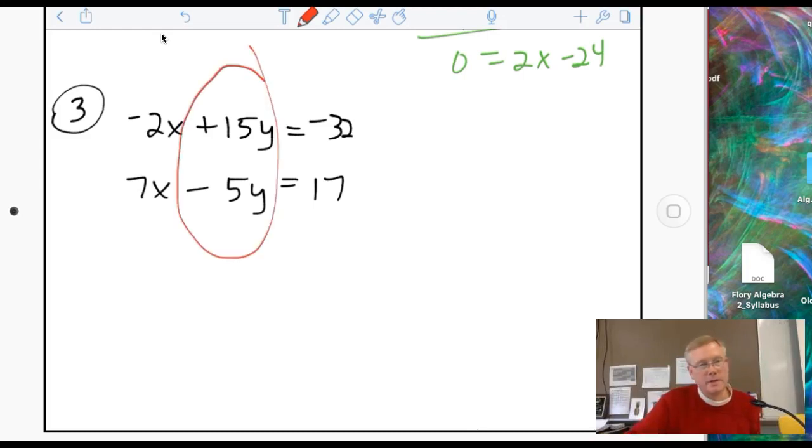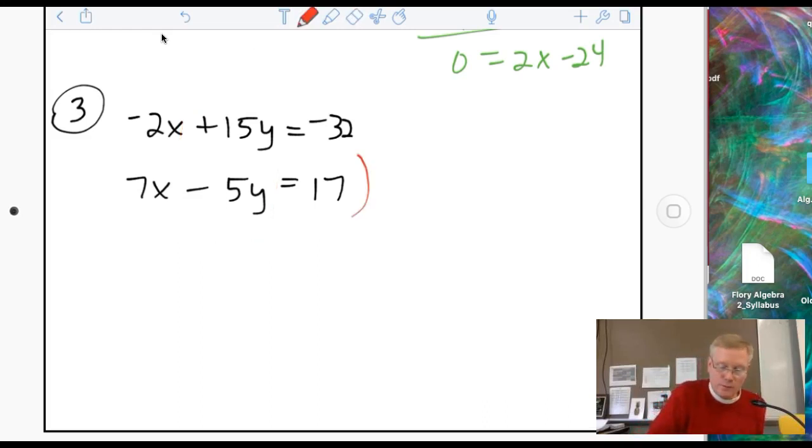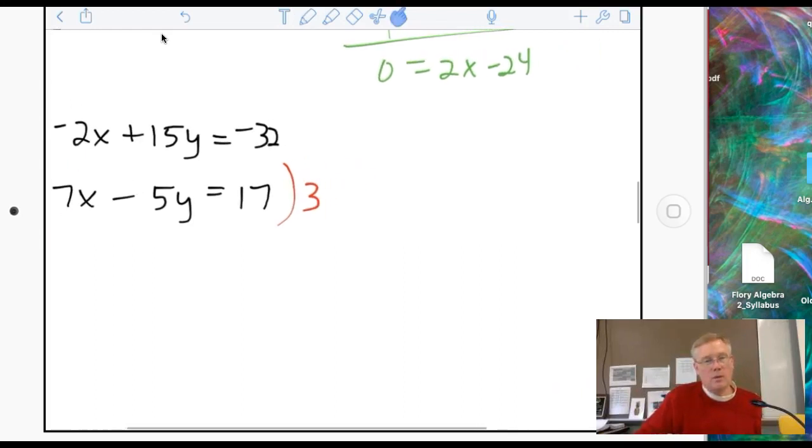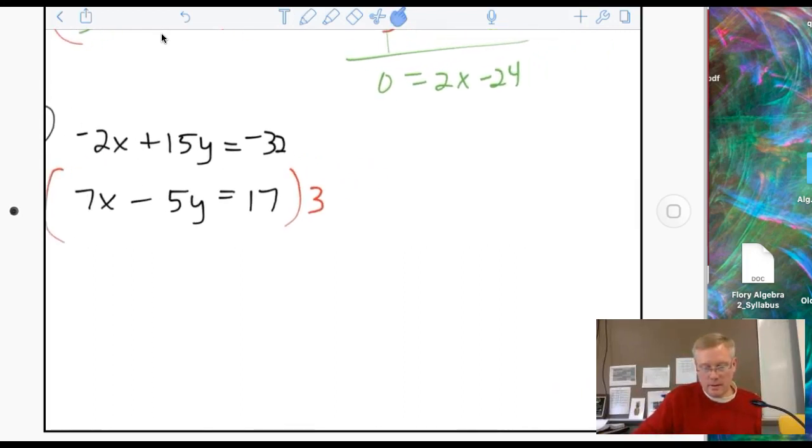Because 5 and 15, one of them I can multiply to get the other one, which means I can take that bottom equation and multiply that whole thing by 3. And when I do that, I can get the y's to cancel out.